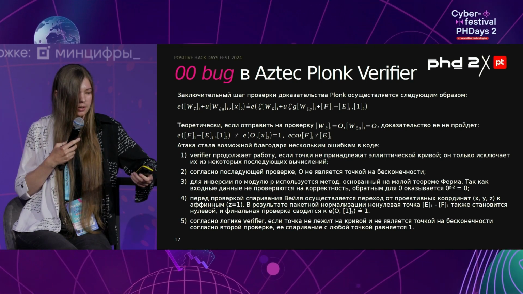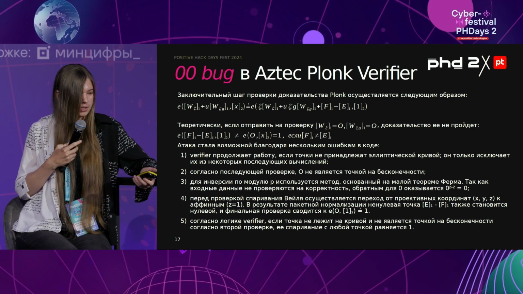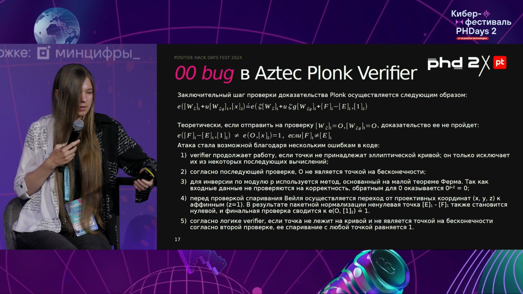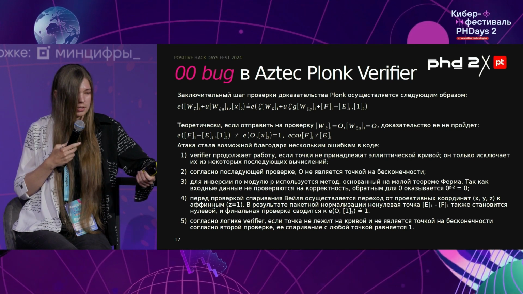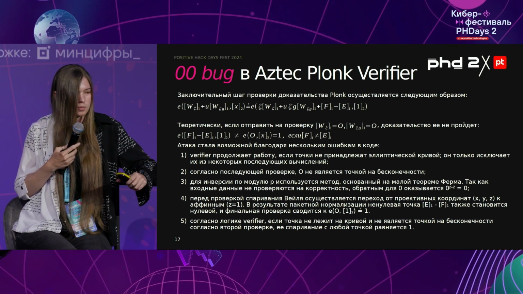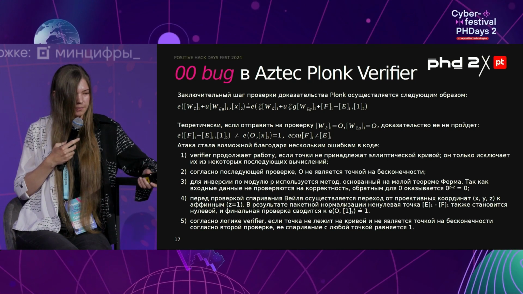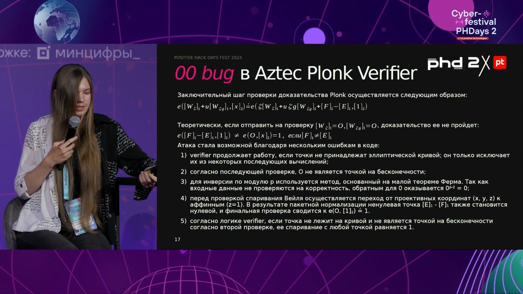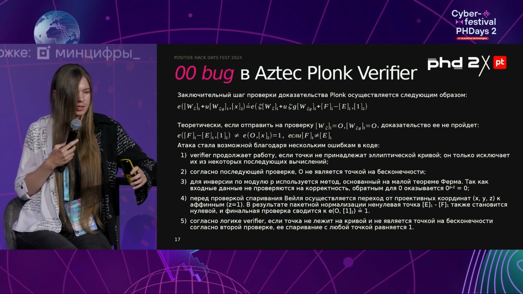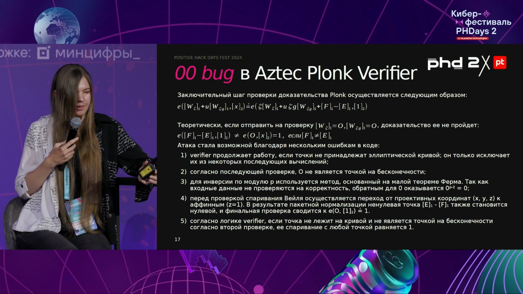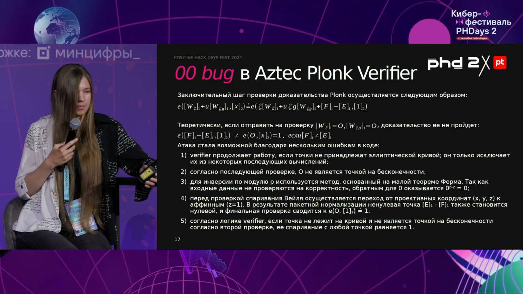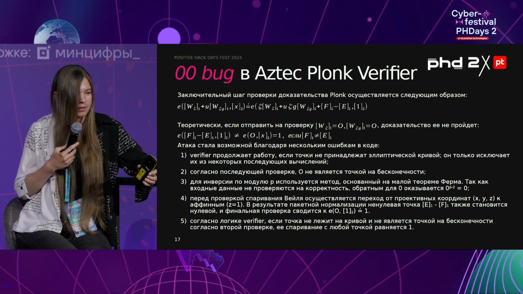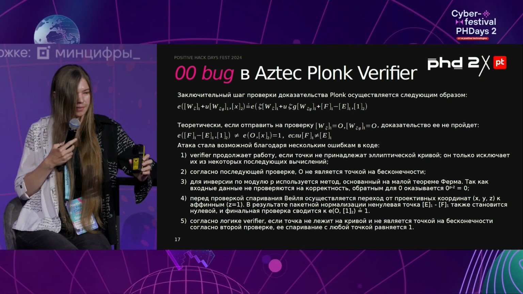According to the verifier logic, if this point does not lie on the curve and is not the point at infinity, then in accordance with the second verification, its pairing with any point equals 1. So thanks to these independent and very improbable errors, we were able to exploit this vulnerability.